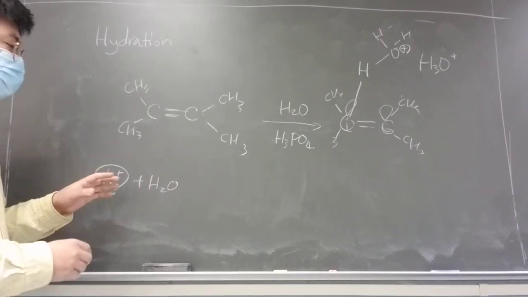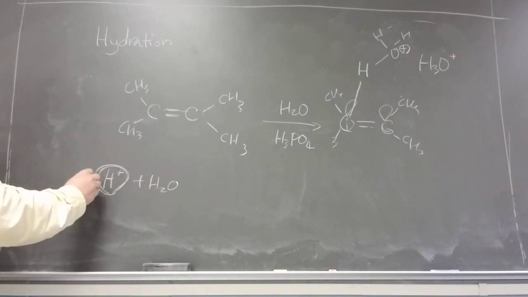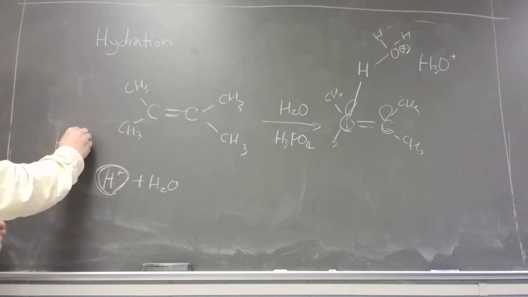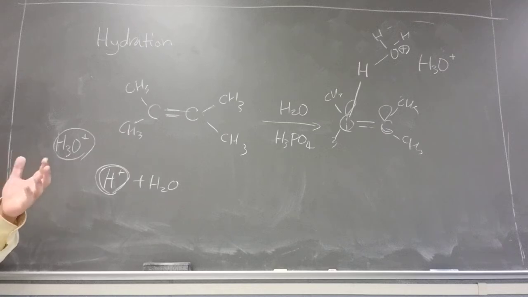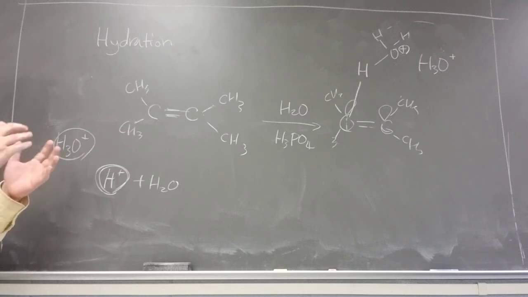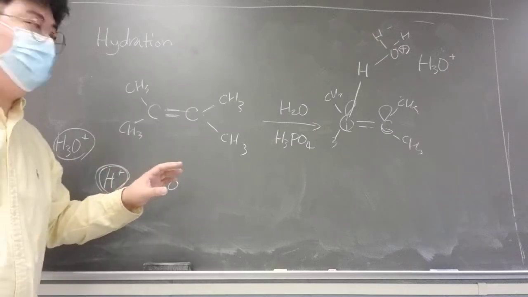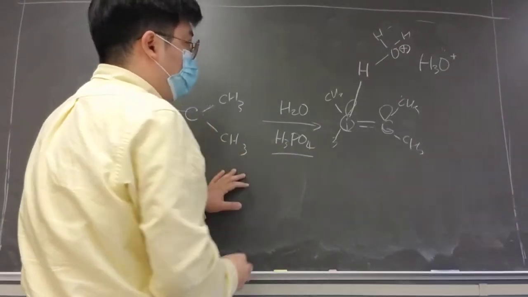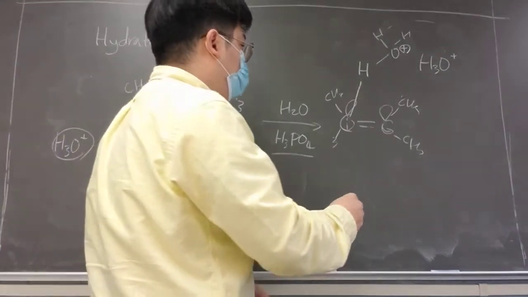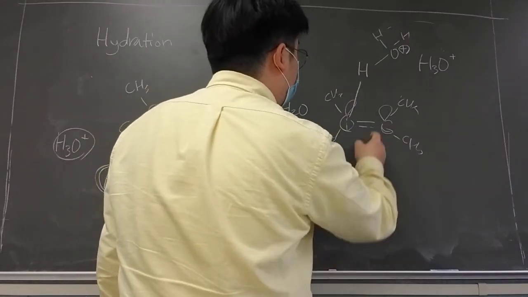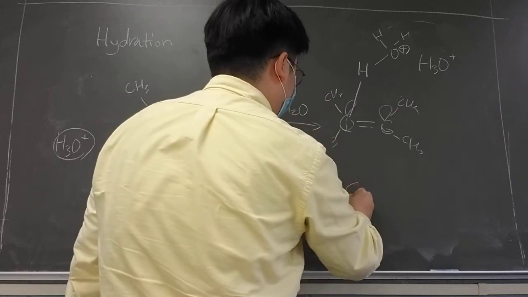So the hydrogen cation and hydronium cation are pretty much the same thing. You can think of this as protonated water, but protons. It's pretty much the same thing. That's why we're using acidic conditions over here. Makes sense, right? Okay.